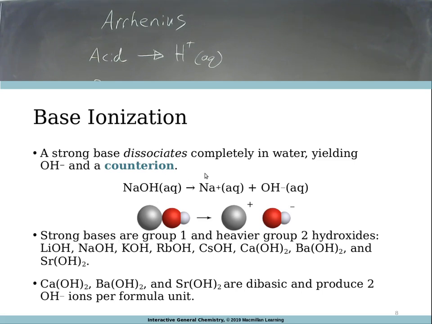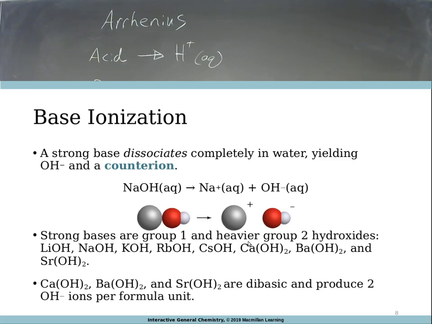So sodium hydroxide generates OH minus not by breaking and forming new bonds the way that acids do when they transfer a hydrogen over to the water, but instead, it's just the solvation of sodium hydroxide. The hydroxide ion was there from the beginning, and when you put it in water, it's released and goes out into solution. So the group 1 and the heavy group 2 hydroxides are soluble hydroxides.